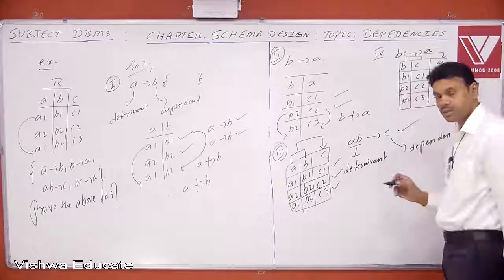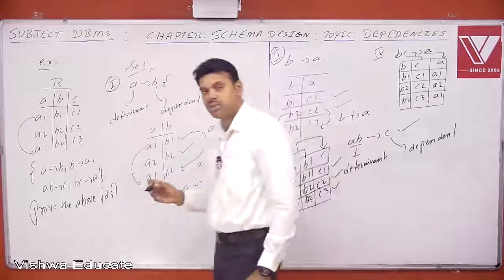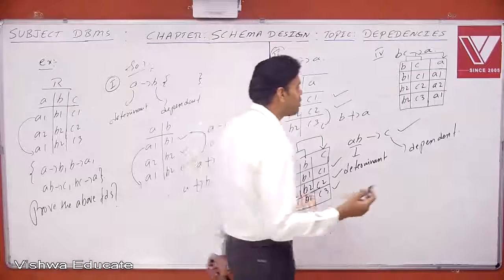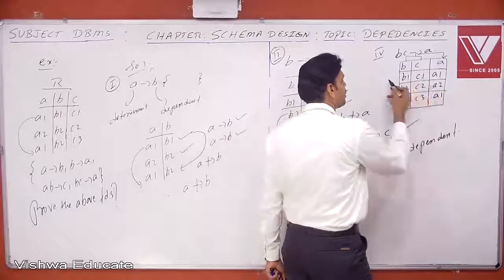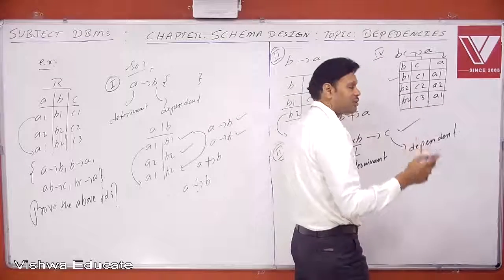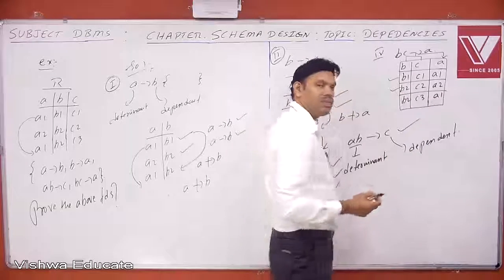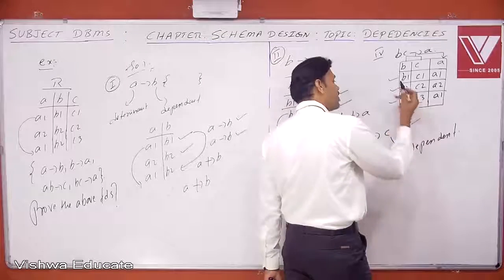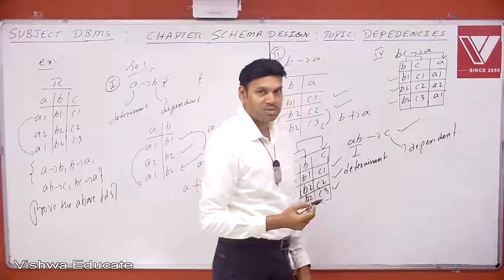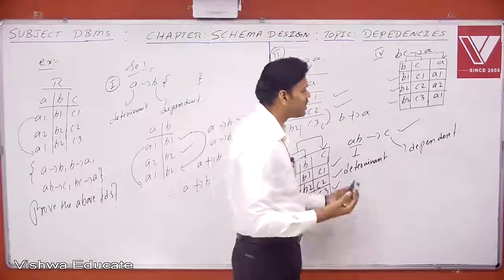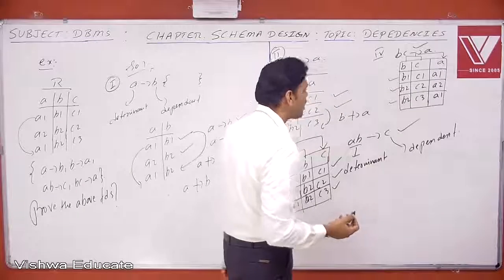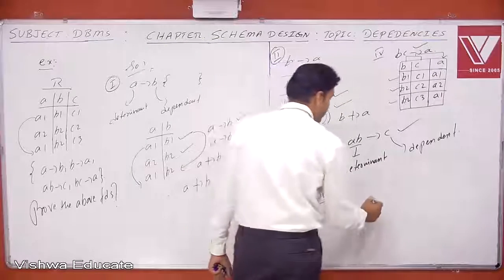Now can you guess whether BC tends to A is valid or invalid? Yes, obviously it's very simple. How? B1 C1 is a unique value, so it is accepted. B2 C2 is a unique value, it is also accepted. B2 C3 is also a unique value because there is no combination of B2 C3 earlier, so it is also satisfied. And BC tends to A is also proved.